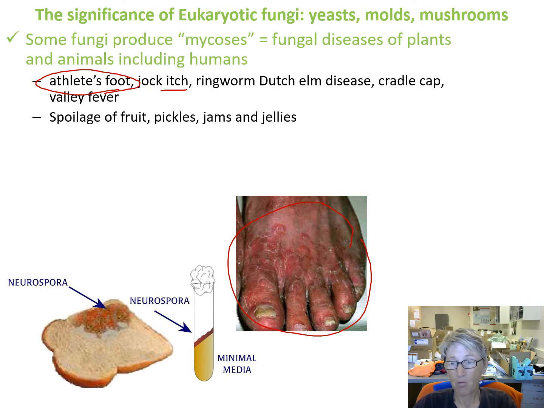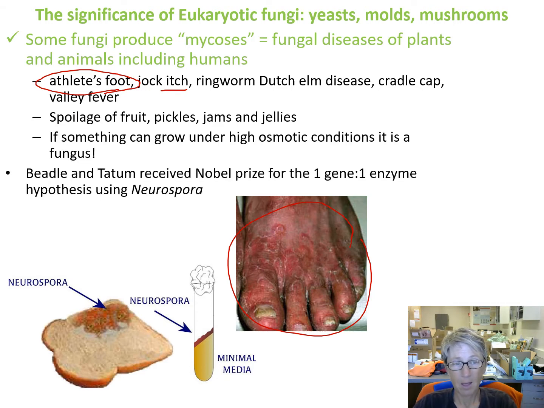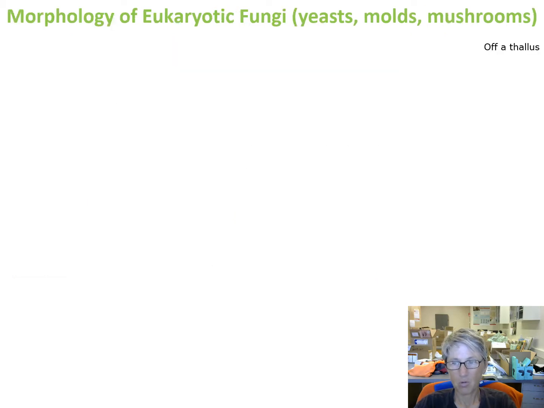Fungi spoil fruit, etc. And these guys, Beadle and Tatum, received a Nobel Prize using the fungus Neurospora to understand that one gene can lead to one enzyme, which isn't exactly true, but it started really understanding the structure of genes.